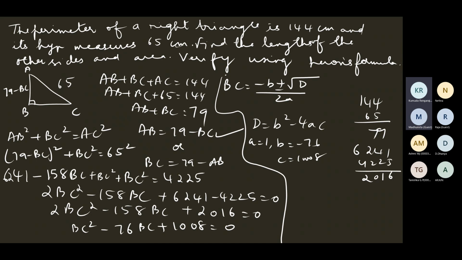One of them may be negative, or maybe both can be accepted. You should work ahead and find the values of AB and BC. You'll find BC through this, and then AB will be 79 minus BC.